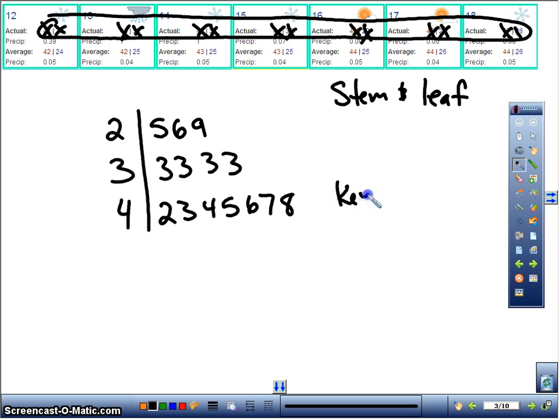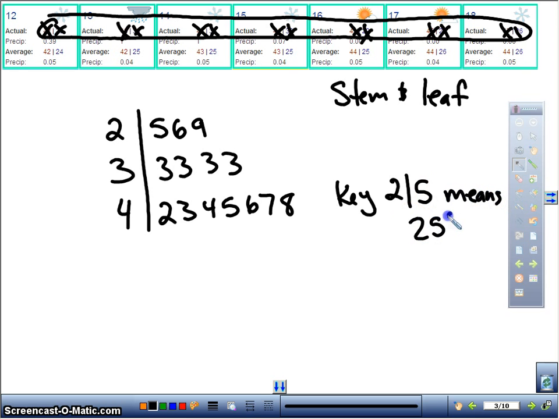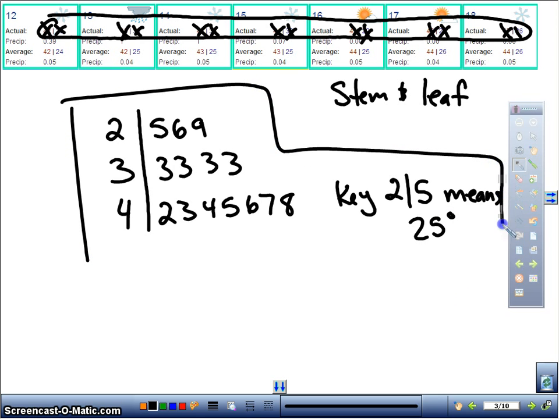So we write our key, and what we're going to say is 25 means 25 degrees. Okay? And then that way they will be able to decipher our chart. Okay? So that is a stem and leaf plot. So you put your 10s out front and then your 1s in here, and you want to try and put them in order from lowest to highest.